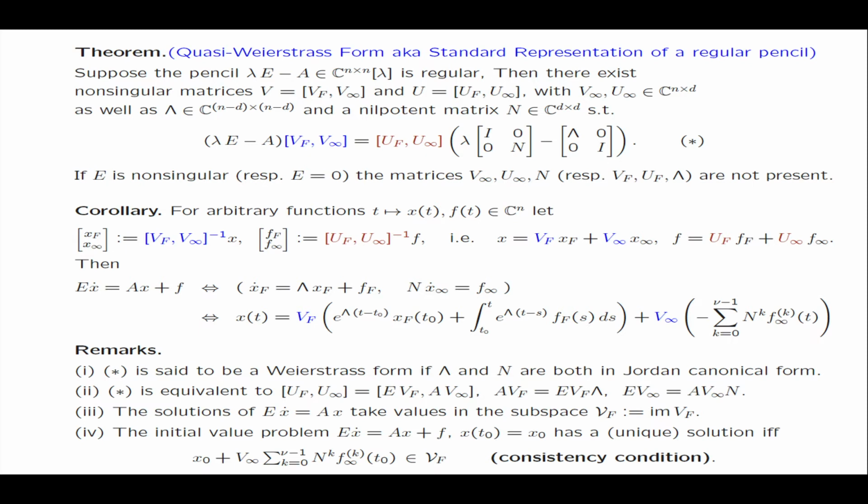So you get a linear combination of the columns of the matrix, and this means you get an element of a subspace. I call this subspace script V_F. So this is the image of the matrix V_F.